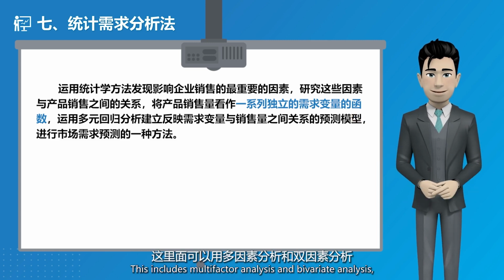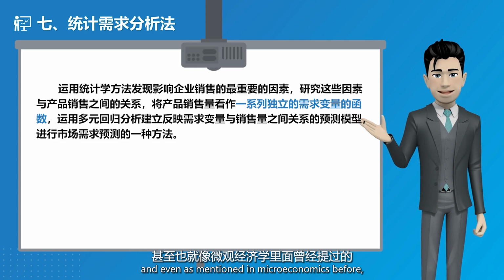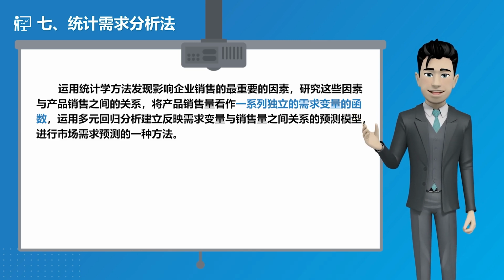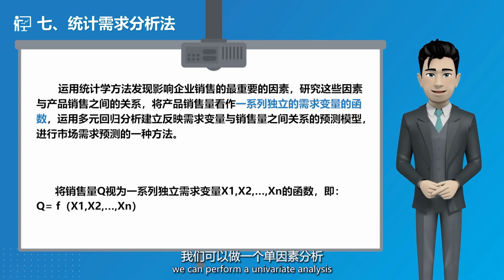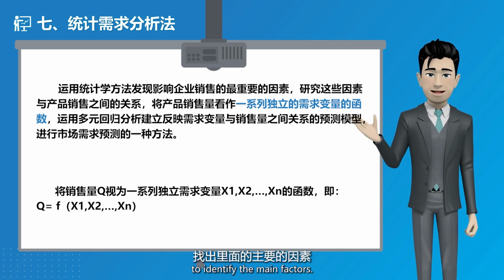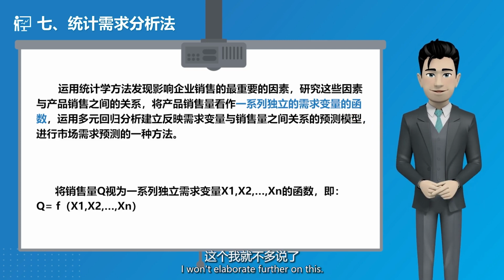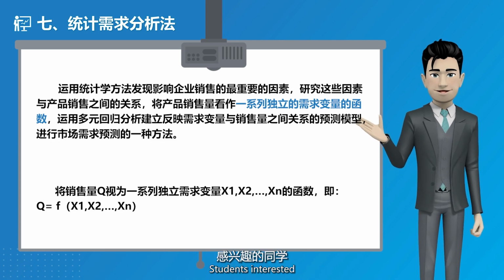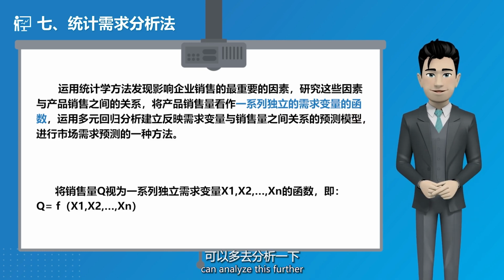This includes multi-factor analysis and bivariate analysis, and even, as mentioned in microeconomics before, we can perform a univariate analysis to identify the main factors. I won't elaborate further on this. Students interested can analyze this further and look into this method.